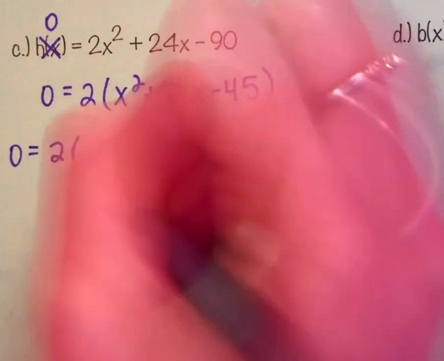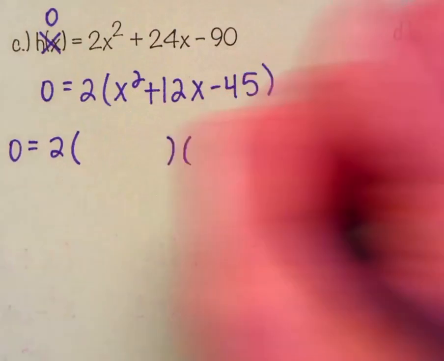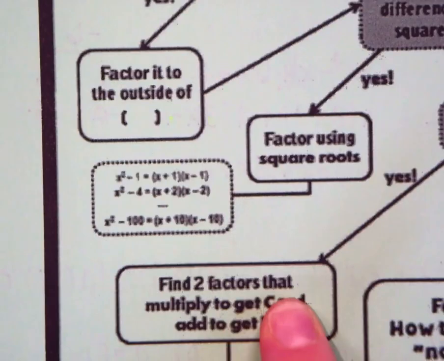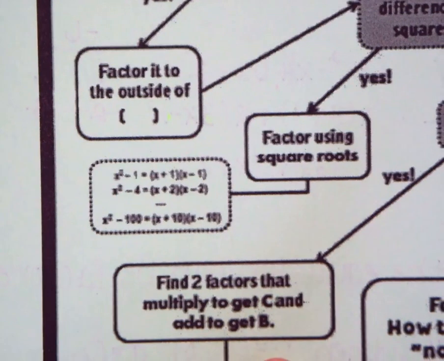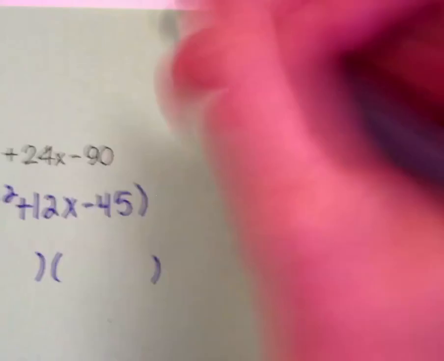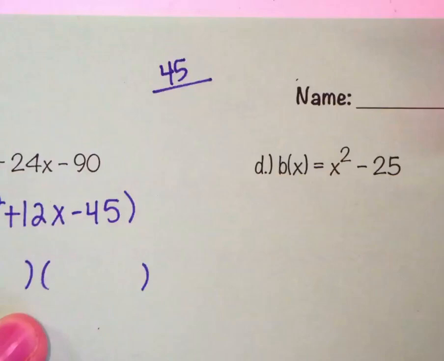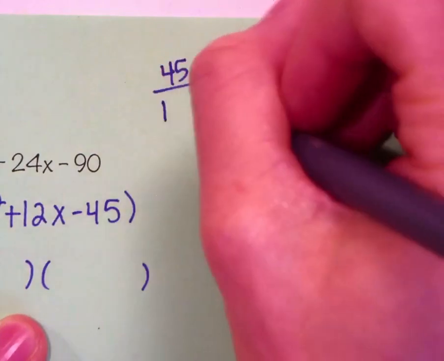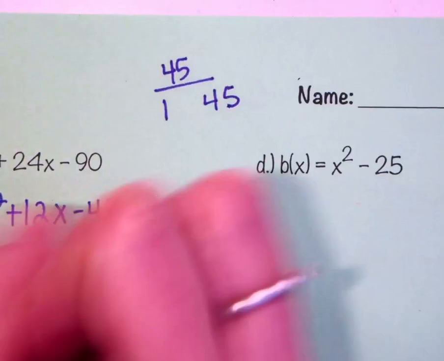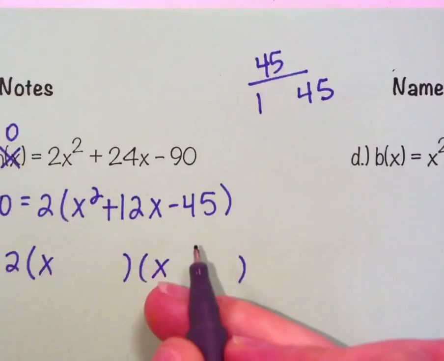So we'll keep that 2 out here, and let's work on this. So a is 1 now, so we're just looking for two factors that multiply to c and add to b. So we list out factors of 45. 1 and 45. I should also say we know that both of these are going to be x.